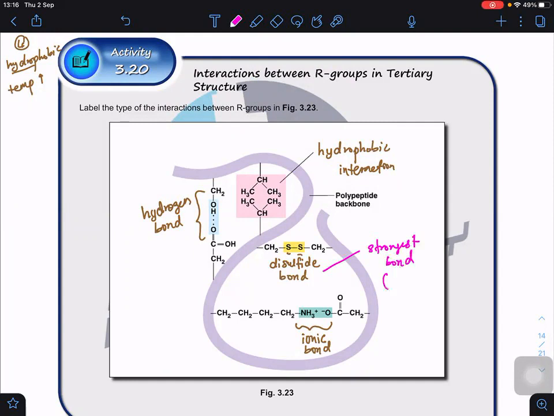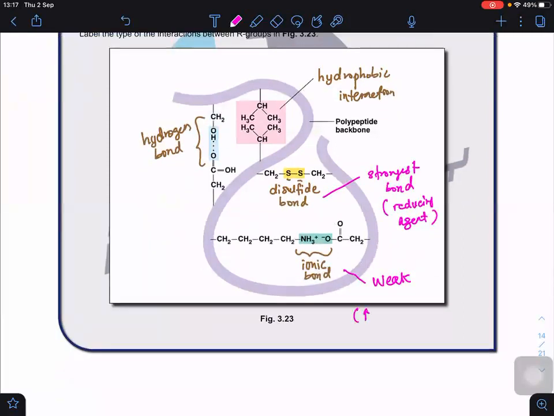To break this, we need a reducing agent. We need a reducing agent to break this disulfide bond. Ionic bond, we term as a weak bond, weak interactions. To break these ionic bonds, we need to change the pH. Hydrogen bond again is a weak bond, but if you compare, the ionic bond is still stronger than hydrogen bonds.